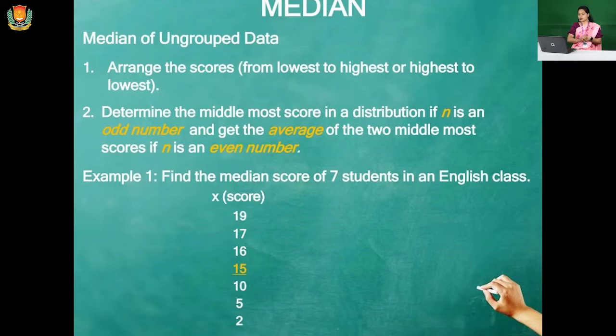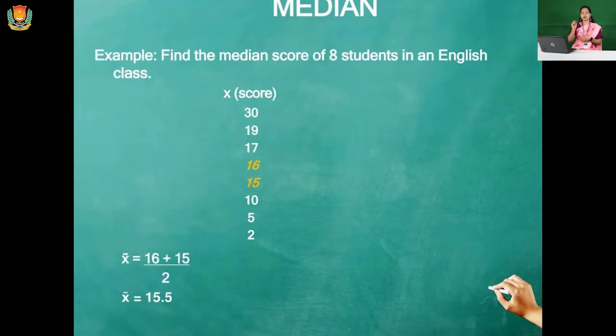Here I have data for 7 students: 19, 17, 16, 15, 10, 5, 2, already arranged in order. Since 7 is an odd number, I pick the middlemost value, which is 15, so 15 is the median.